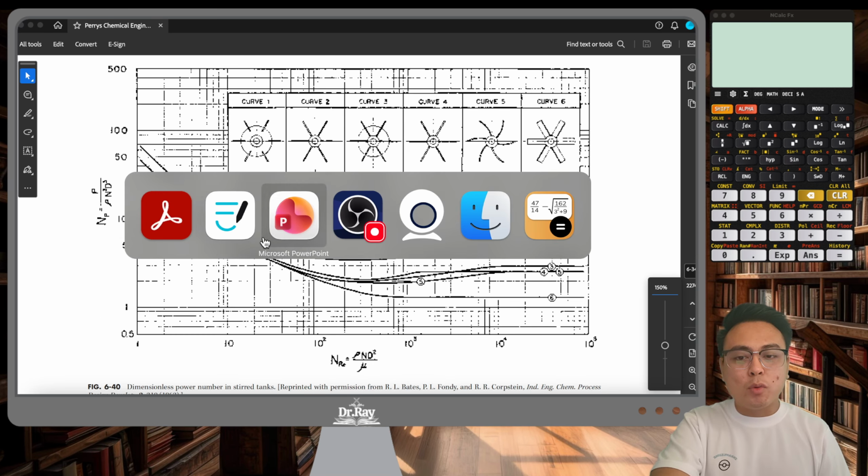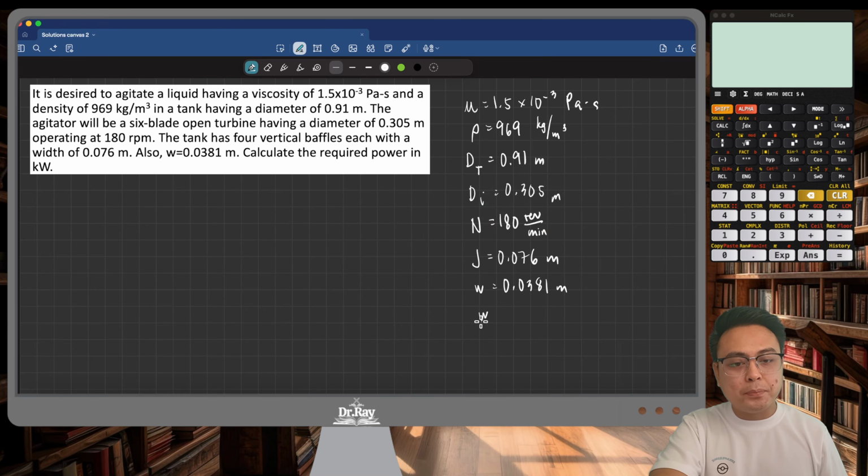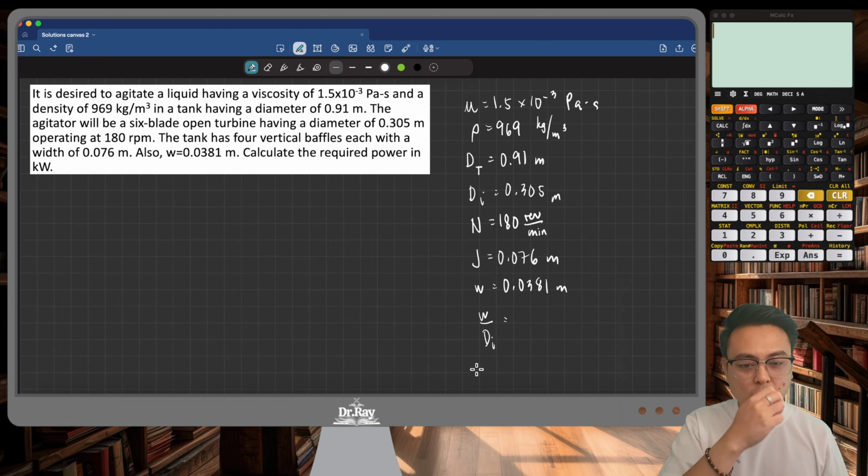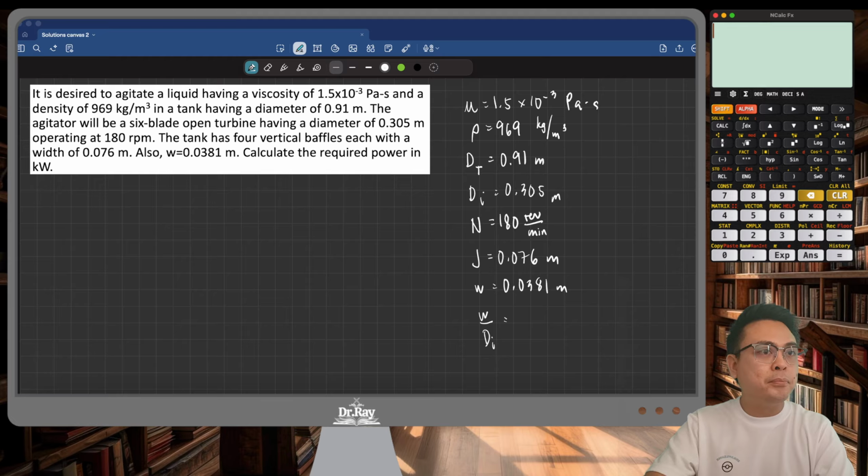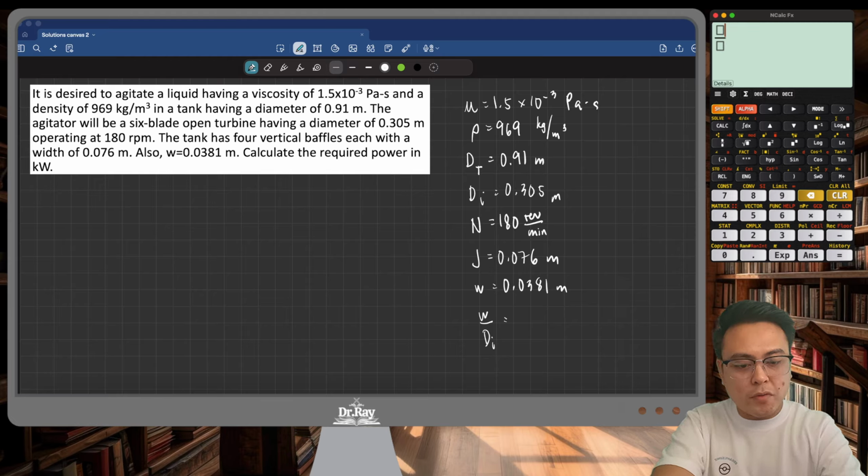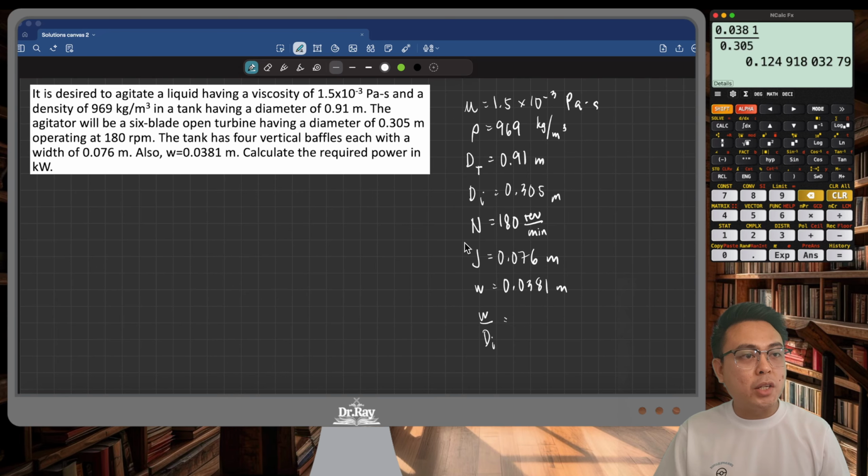So let's calculate what is our W over D ratio. Blade width over impeller diameter. For a blade width of 0.0381 meters and impeller diameter of 0.305 meters, this is the result, 0.125. This is roughly 1/8, right?